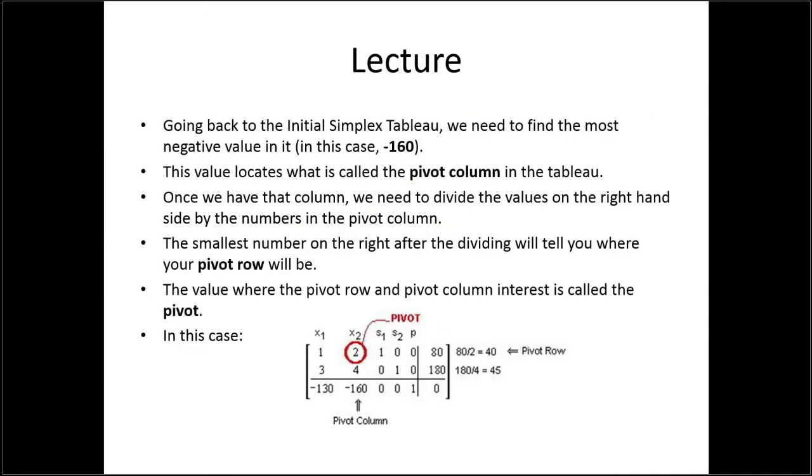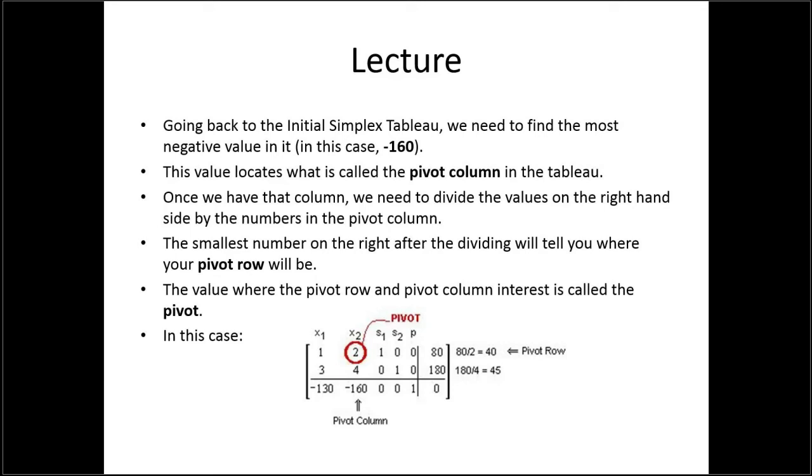Okay, so going back to our initial simplex tableau, the first thing you want to do in this process is find the most negative value in the entire matrix. In this case, the most negative value is negative 160. This value locates the pivot column. Once we have the pivot column, we divide the values on the right-hand side by the numbers in that column.